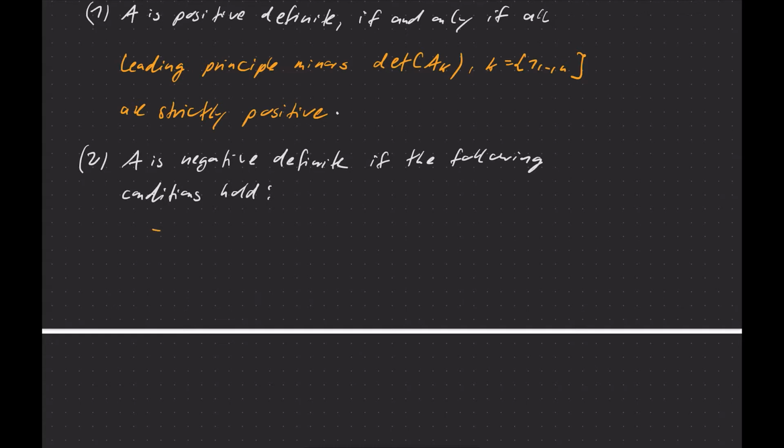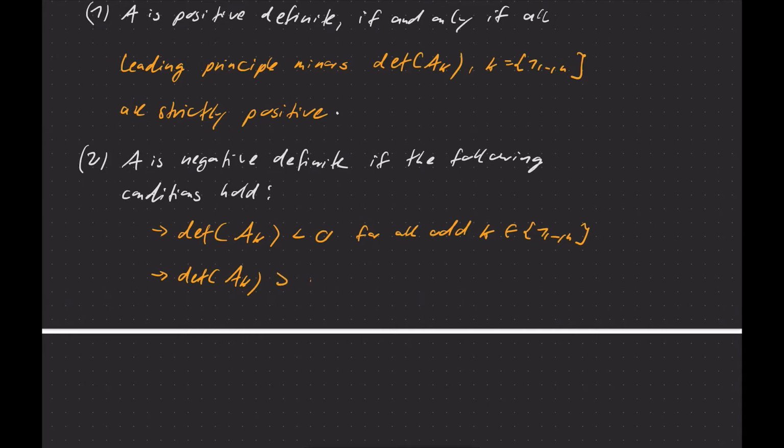What we need is the determinants of the A_k are negative for all odd k. So for k equals 1, 3, 5, and so on, we actually need a negative determinant. But for all the others, we need a positive determinant. And again, it's strictly negative, strictly positive.